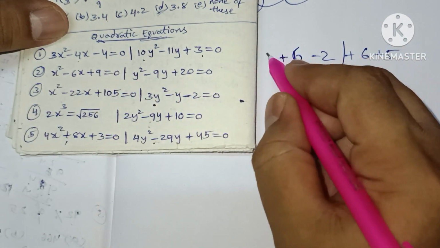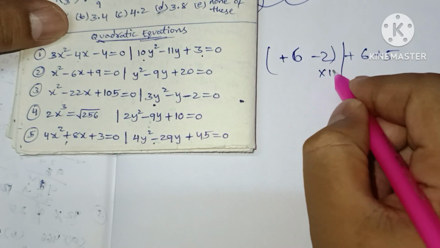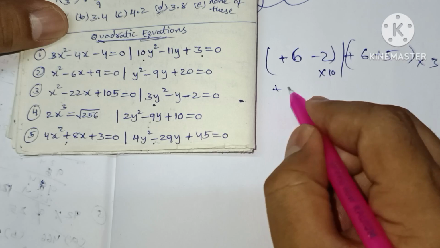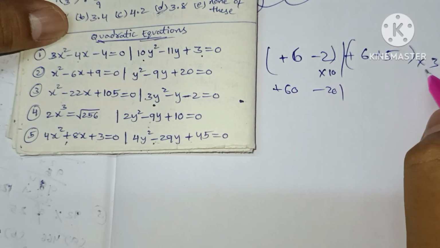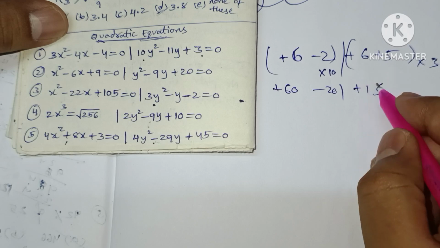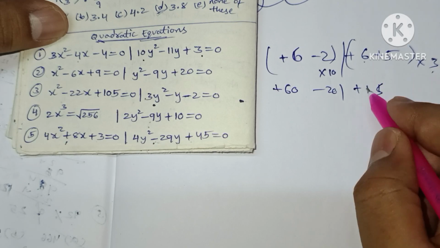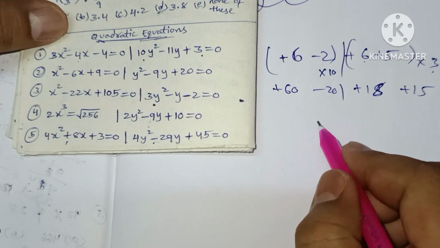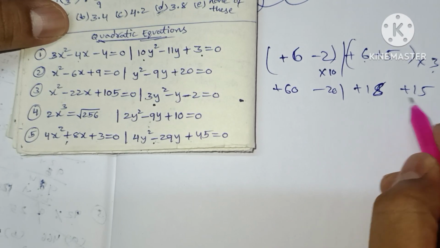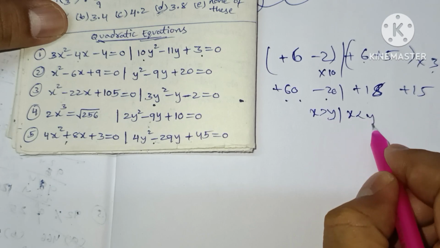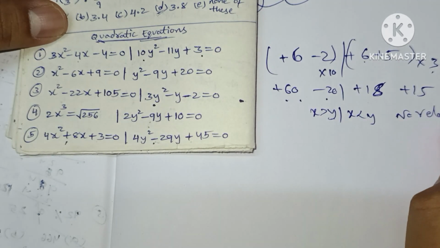To make the base equal, we multiply this with 10, this with 3, we get plus 60 minus 20, this will be 5 3 times 15, 6 3 times 18. By comparing these two, it is clear that these two numbers come between these two numbers. So x is greater than y and x lesser than y. No relation established between these two.